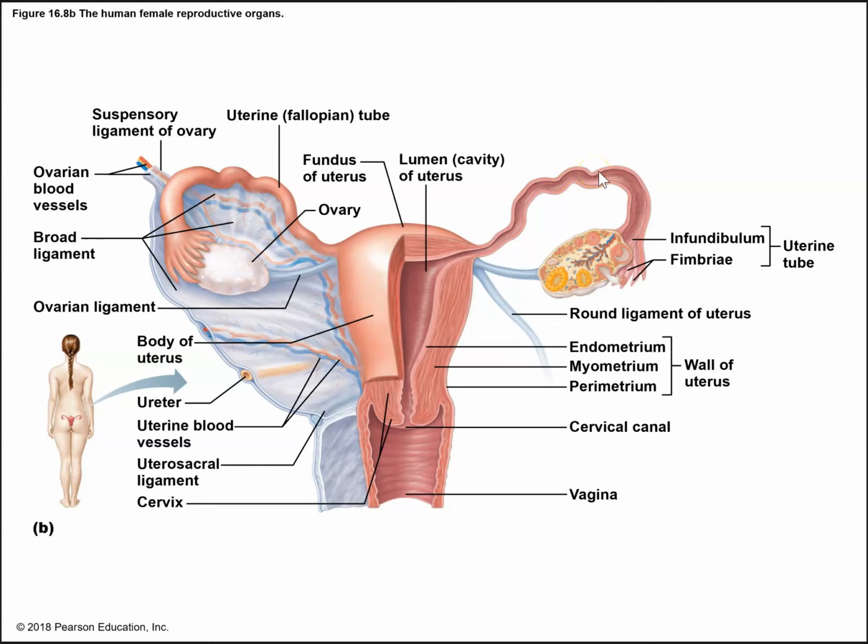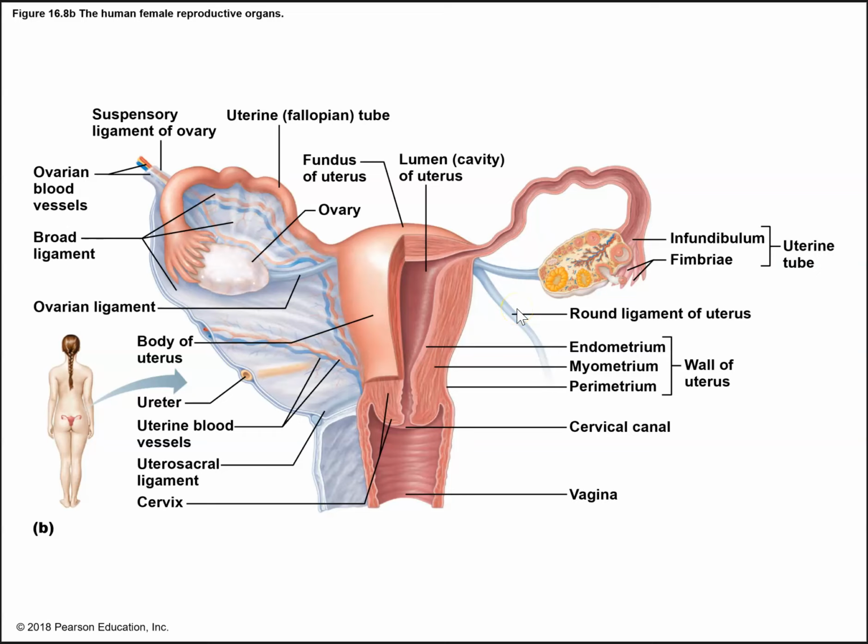So the ampulla is basically the central region of the tube, and the isthmus is the narrow portion that joins the uterus. Okay, they're not labeled over here, but this is the ampulla, and this over here is the isthmus, which is the narrow portion that joins the uterus.